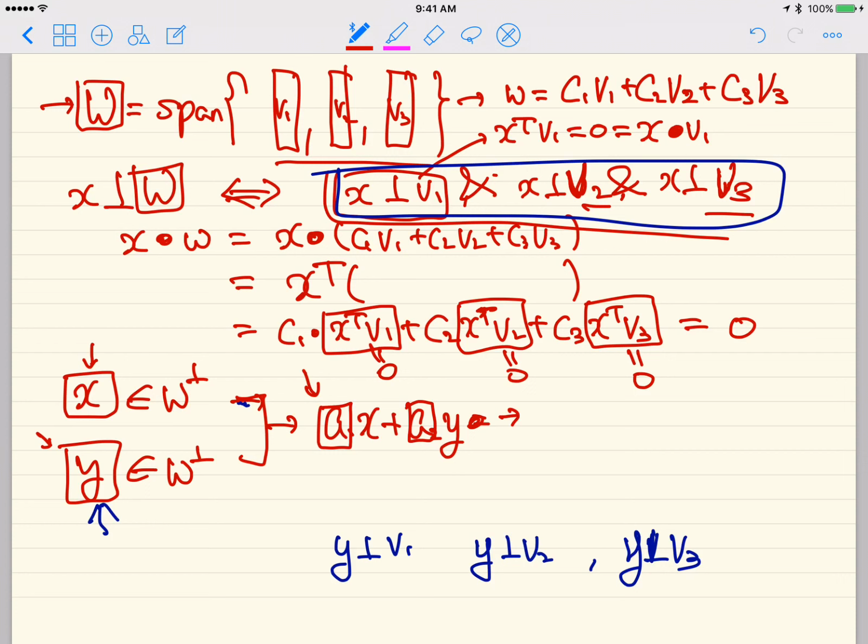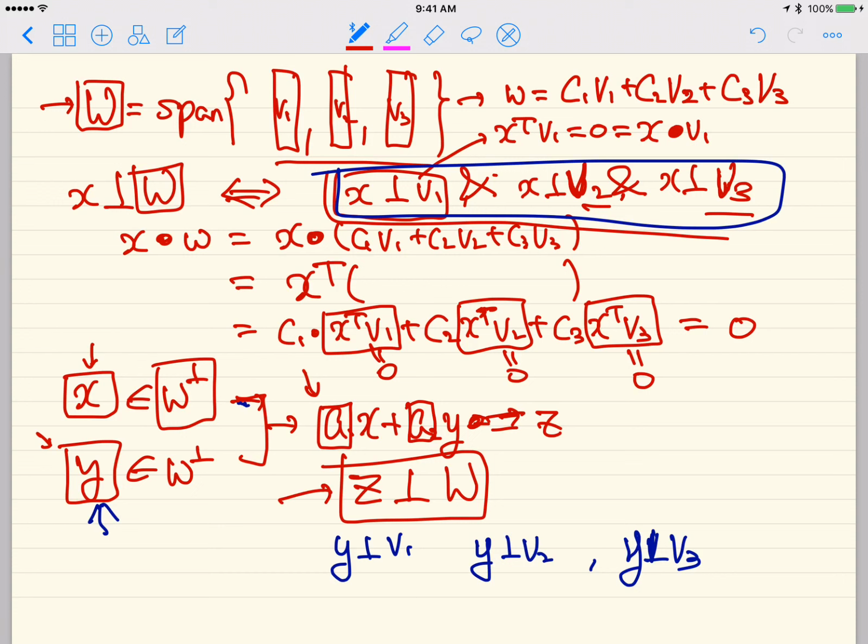Let's call this vector z, which is a linear combination of x and y, and we have to check whether z is perpendicular to W. If this is satisfied, then z also belongs to W perpendicular, and that way we can show that W perpendicular is closed under linear combination. Let's check if this is true.